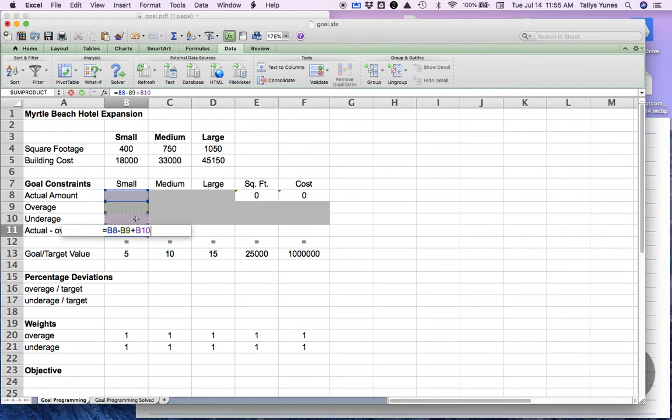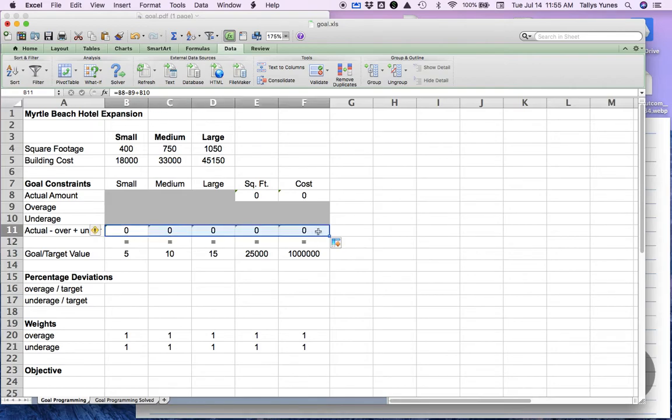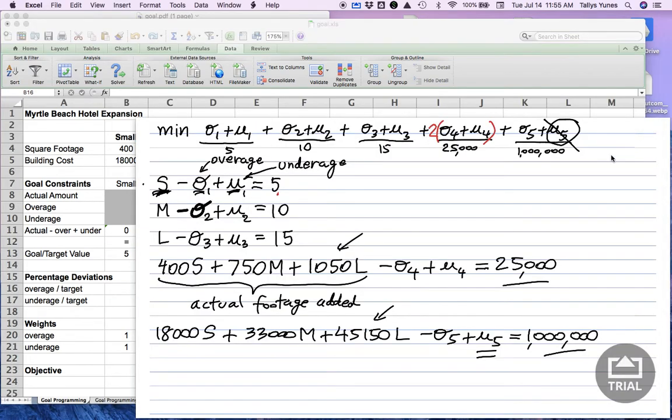And this is a formula I can copy to the right because it's the same for every one of the goals. Okay, so again here, actual minus overage plus underage. Great. If you recall from our objective formula, we were dividing each OU by the target.